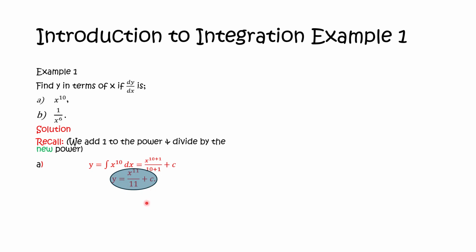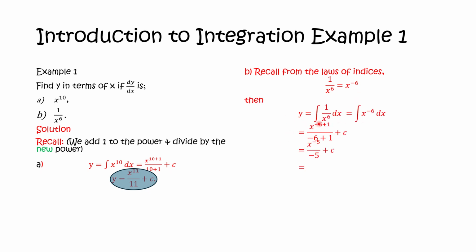Now, recall from the laws of indices, for (b), if we have 1 over x to the power 6, that is the same as x to the power minus 6. Then, we continue with our integration so that we have y equals the integration of 1 over x to the power 6, which is the same as the integration of x to the power minus 6 with respect to x. We have x to the power minus 6 plus 1, and we divide by the new power, which is minus 6 plus 1, plus the constant of integration.